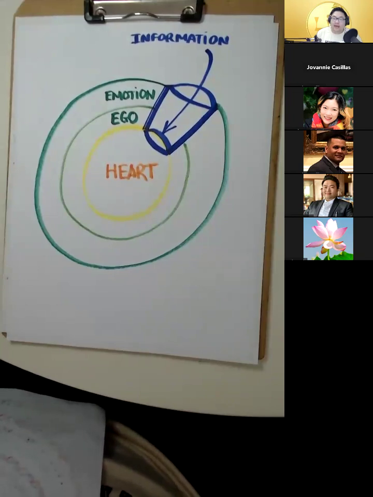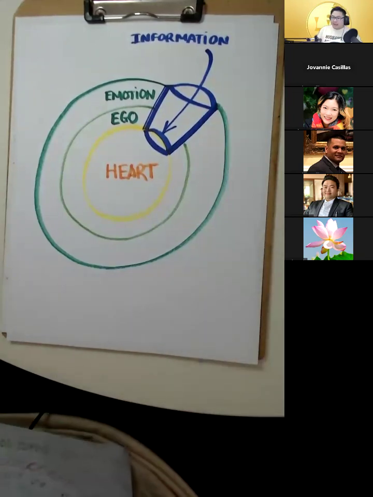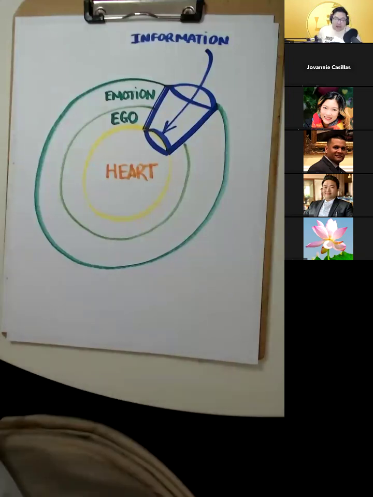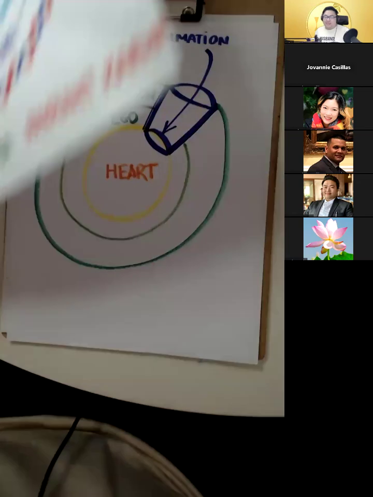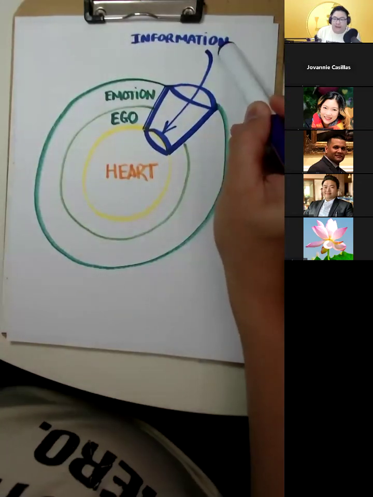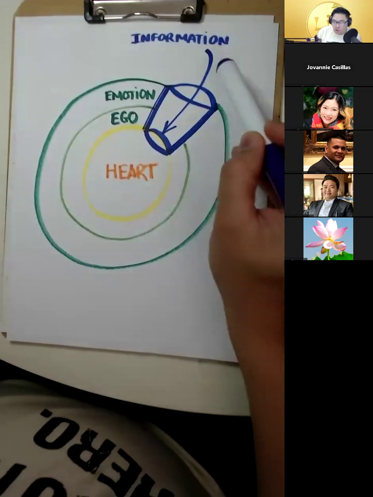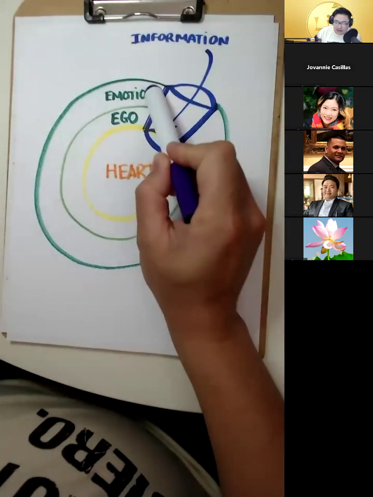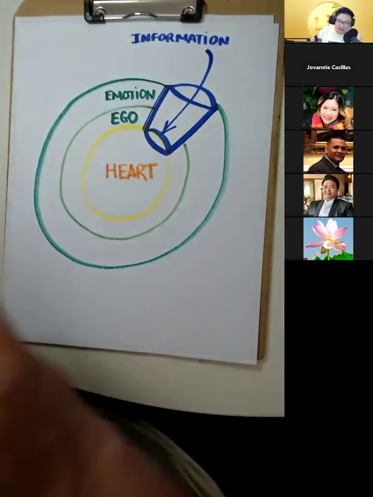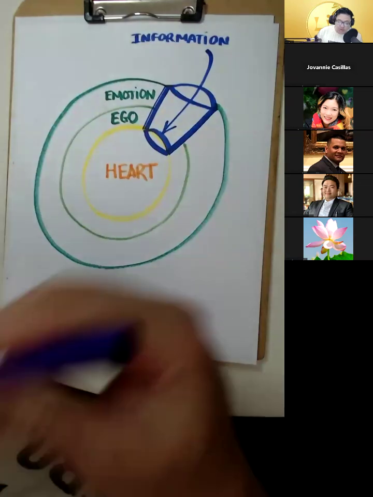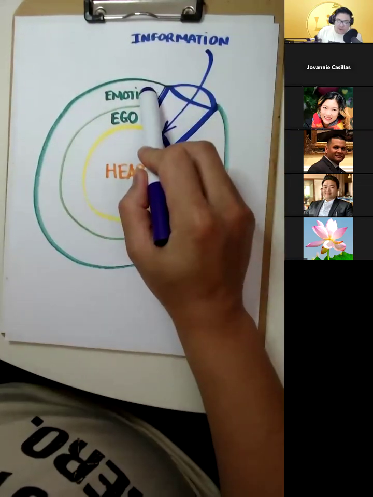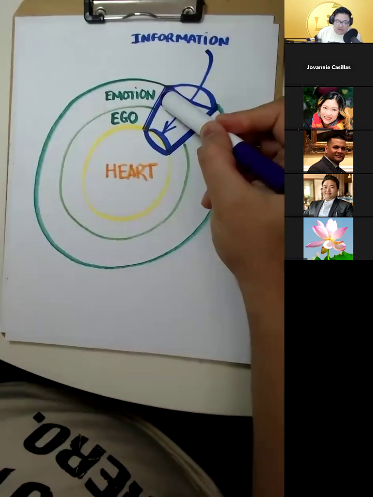So when I tell you that you are beautiful, and let's say you thank me, you say, "Oh, I appreciate your compliment," then that means the information of me telling you how beautiful you are is received at the emotion layer. That is not receiving the information to the heart, because the information got received at the emotion layer.